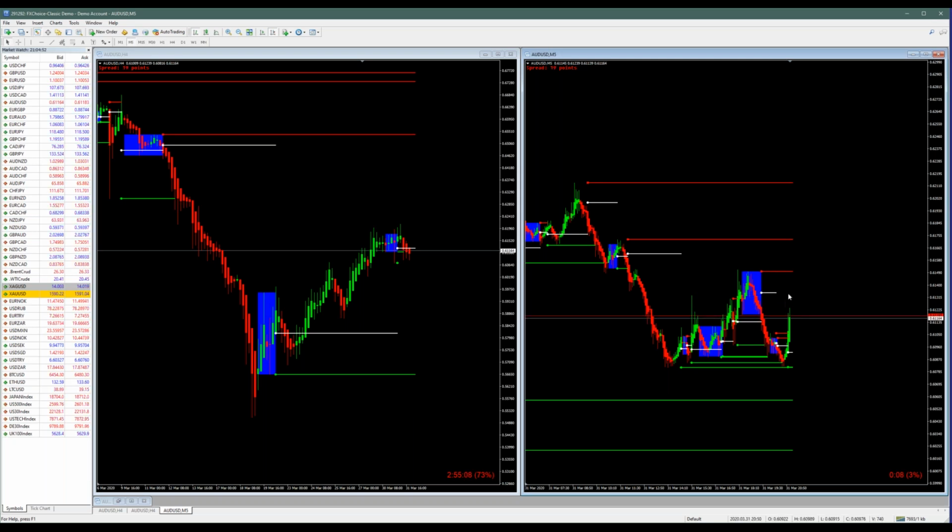But going back to clarify Rick's question, when the market makers have these boxes, we get these confirmed areas of indecision, and you've got a lot of buyers and a lot of sellers in those areas. The market makers know the sentiment of the market better than anybody because they see the true order flow.